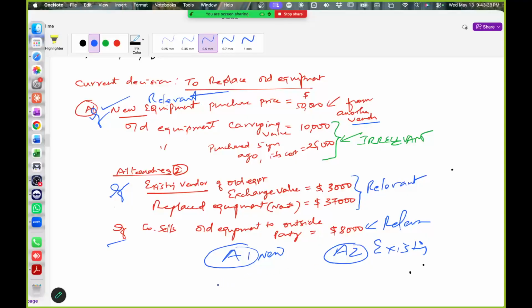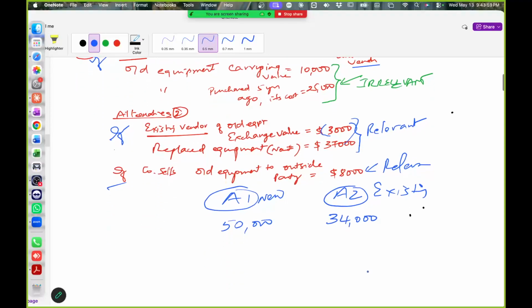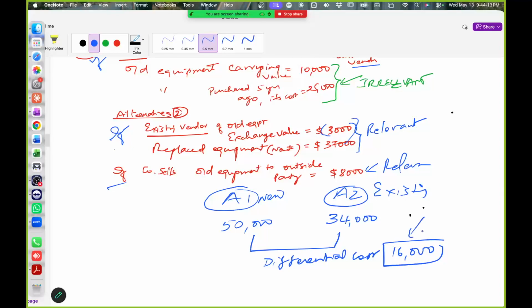If we go with the new vendor, 50,000 I have to budget. If I go with the existing vendor, 37,000 minus 3,000 that fellow will give, so it will be 34. And how much does it differ? Differential cost 16,000. This is relevant.